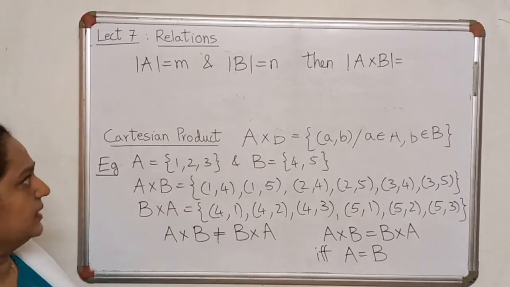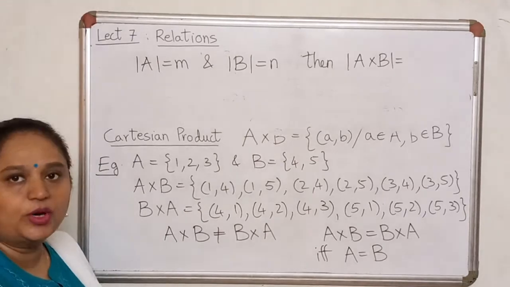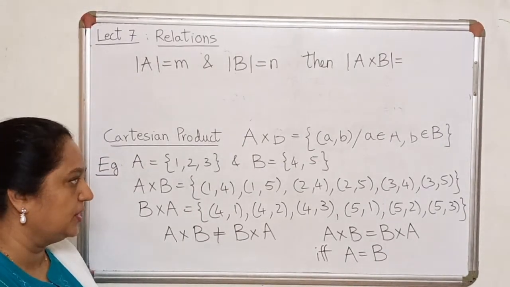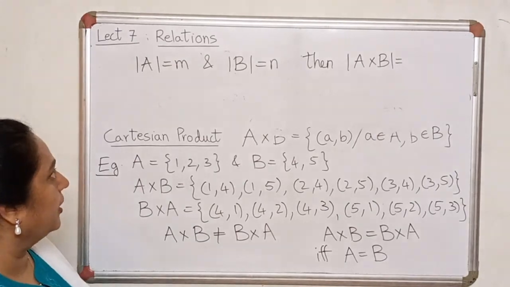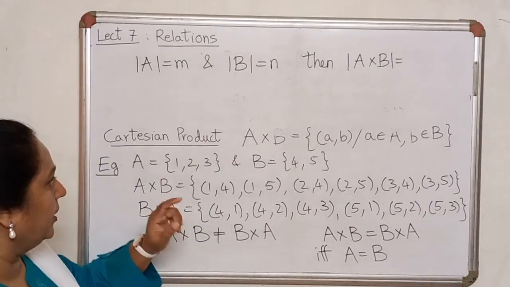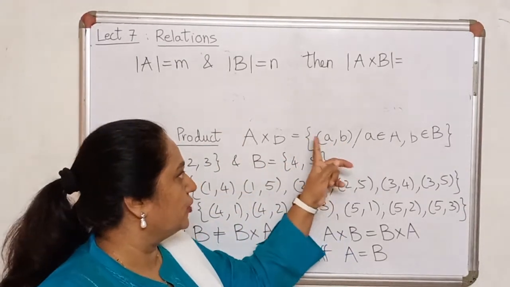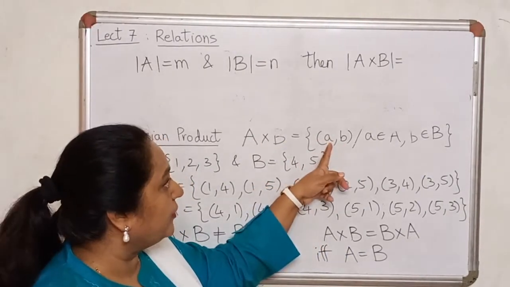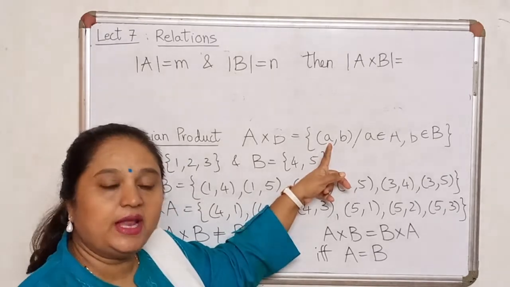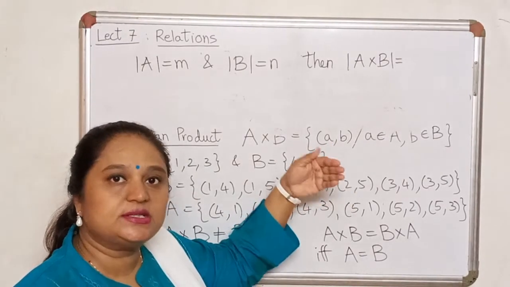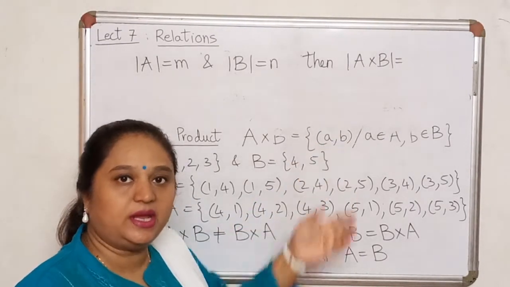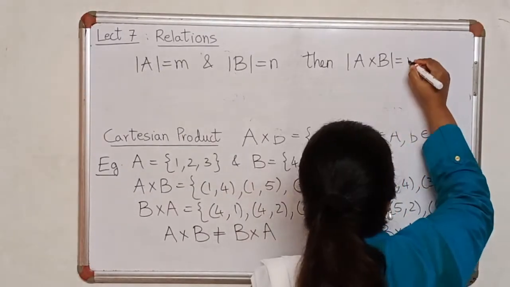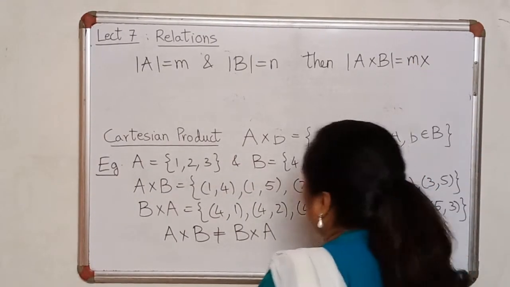You can actually look at this example and guess what is the formula, or you could even use the counting principle, the multiplication principle. This will contain all ordered pairs like this. So first element has to come from A, second element has to come from B. Now for the first element, we will have as many choices as the number of elements in A. So for the first place in the ordered pair, we have M choices.